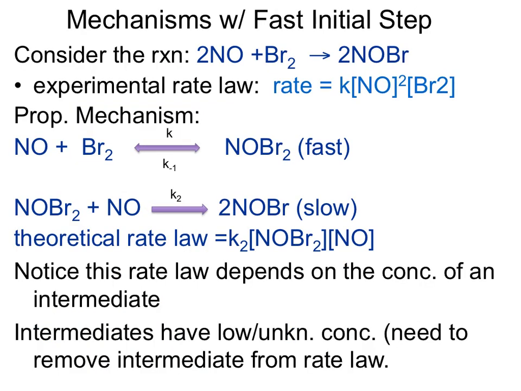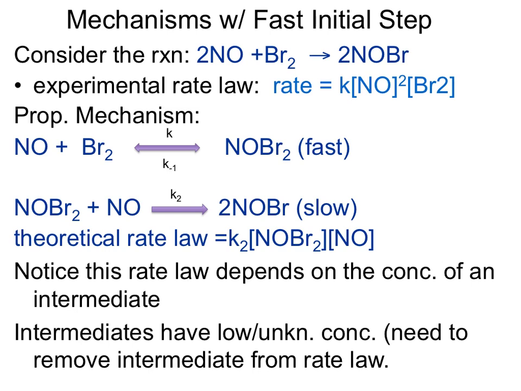When we're dealing with mechanisms that have a fast initial step, we have a little bit more complicated process in order to figure out if our mechanism is actually a plausible one. Once again, we still have our overall equation, and we have our experimental rate law that must match the rate law we determine from our mechanism.